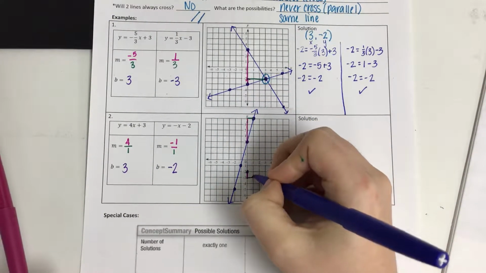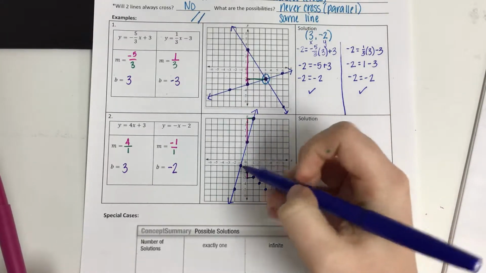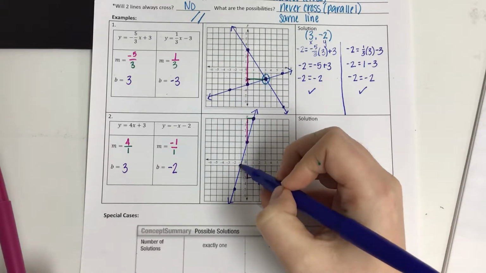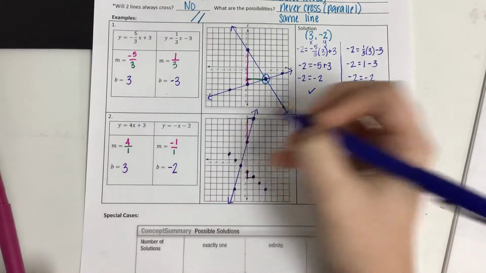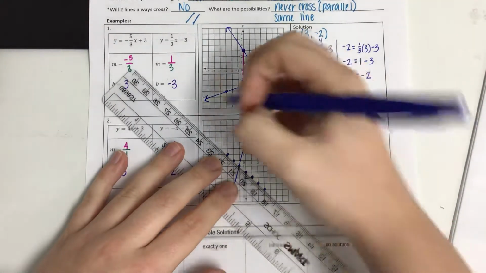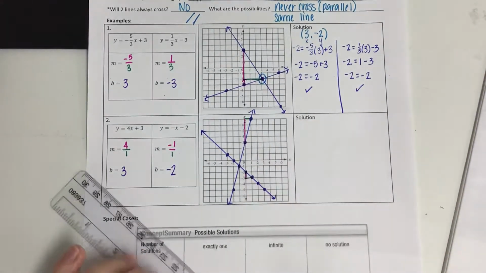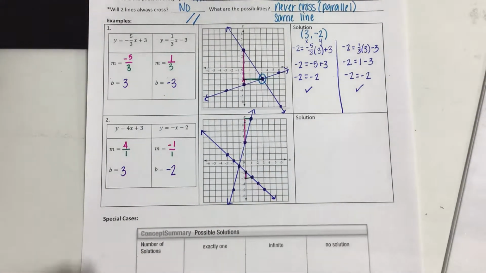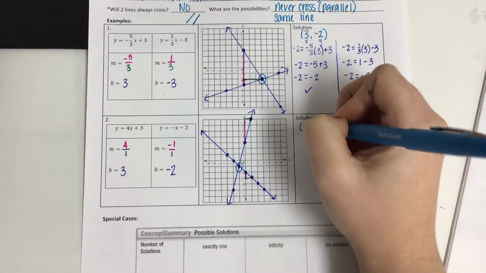We could continue to go down 1, right 1, but if we go the opposite direction, we will see that when I go up 1, left 1, it gives me this intersection point right here. Again, I can continue just to help with drawing my straight line. So our solution is going to be this point right here, which is the point -1, -1.